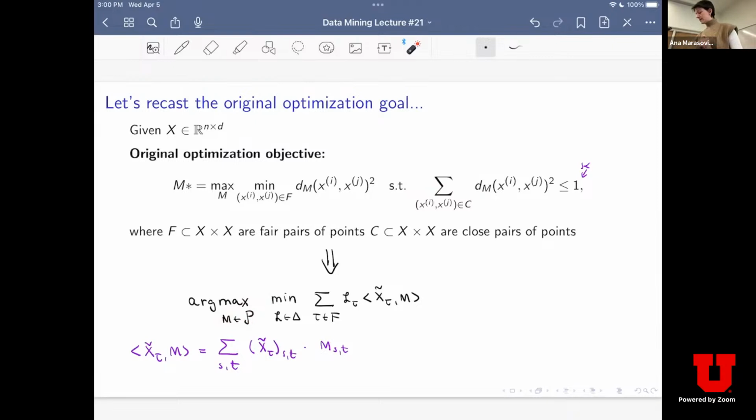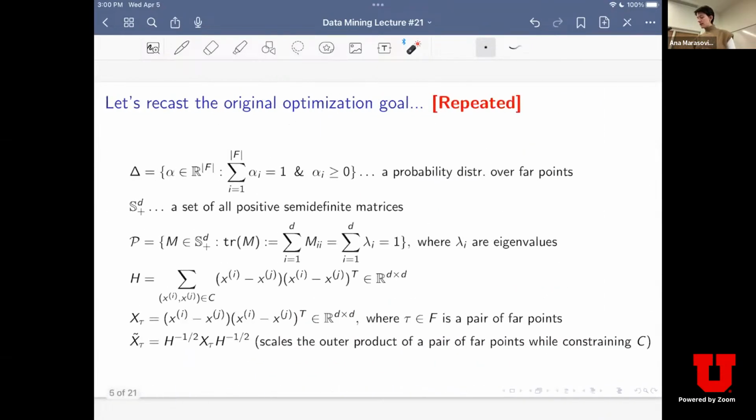Now, what does this maximization of minimal distance between far points have to do with this? So now we are maximizing minimal scalar product between these two matrices. But remember, this matrix tilde x tau is defined through the outer product of far points.